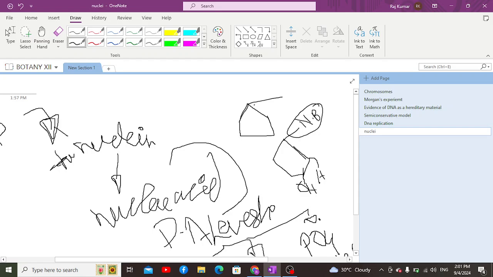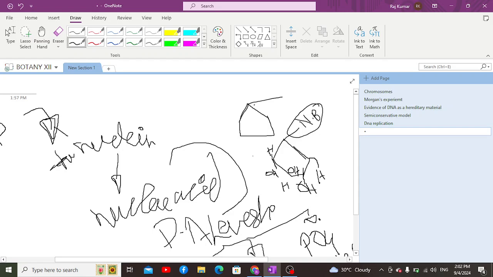The fourth carbon has H on the lower side and OH on the upper side. The fifth carbon has the OH, which forms a chemical bond with the phosphate group, and H on the other side.